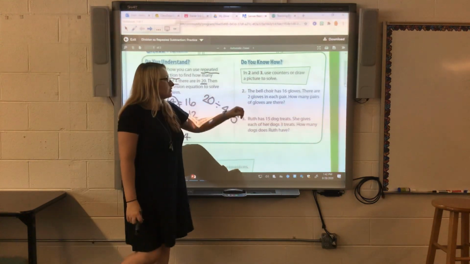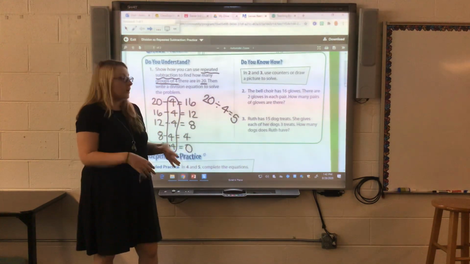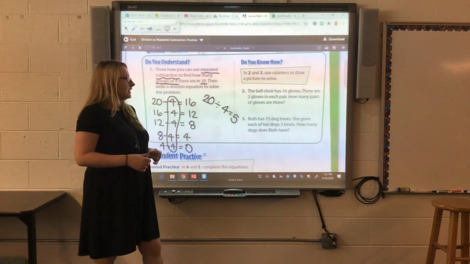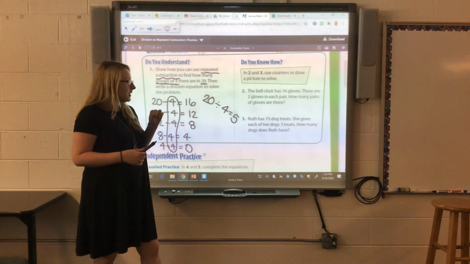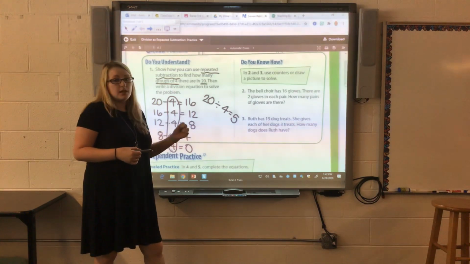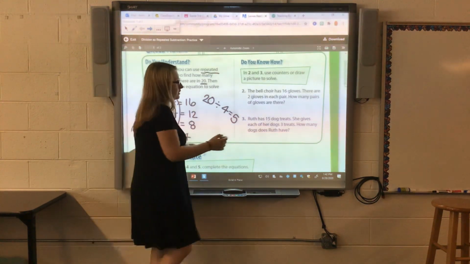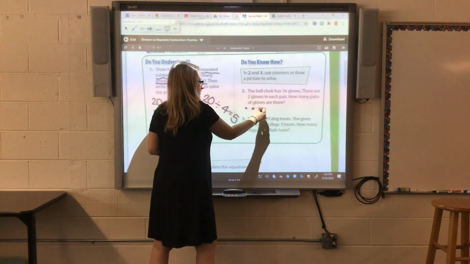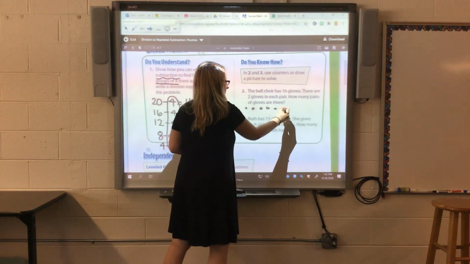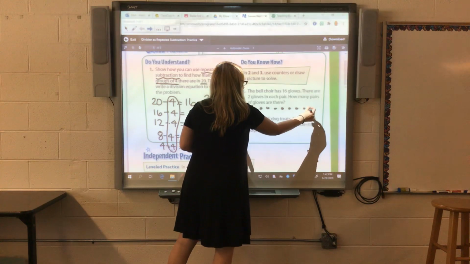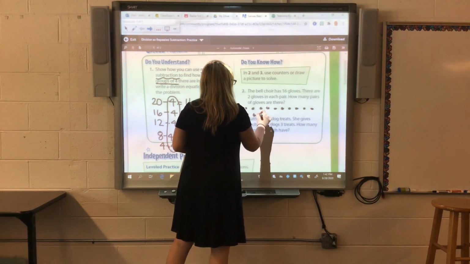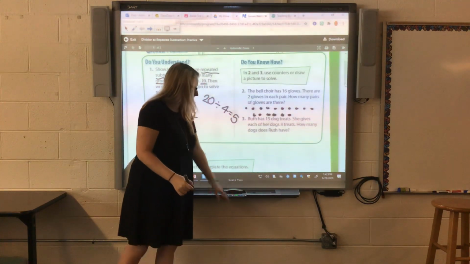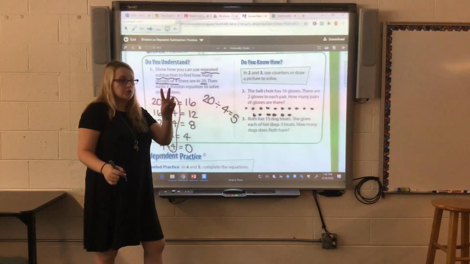Here it says use counters or draw a picture to solve, so we will draw a picture. The bell choir has 16 gloves. There are 2 gloves in each pair. How many pairs of gloves are there? So I have 16 gloves and I'm going to put them in pairs of 2.